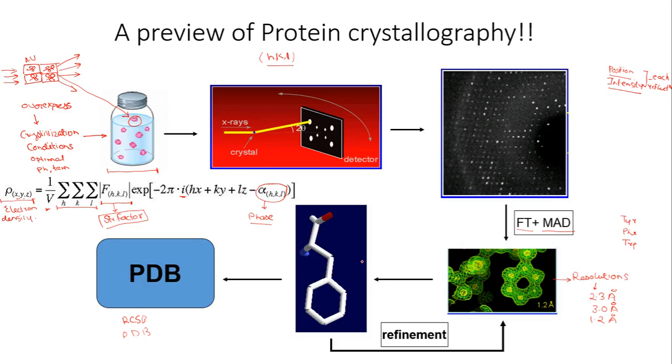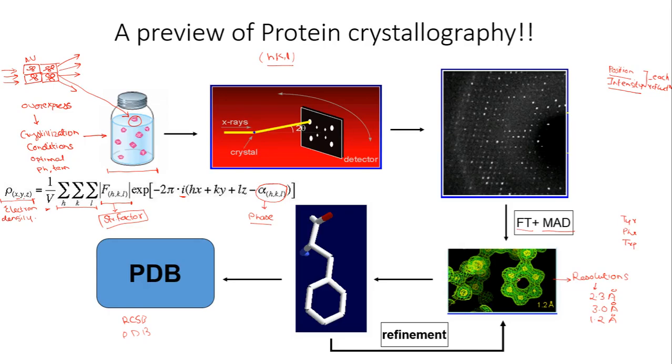What I want to convey from this particular talk is that what you download from PDB is a model of a protein, and this model is usually based on an electron density map. So whenever you say that you have downloaded the structure of a protein from PDB, that eventually means that you have downloaded the model of that protein, and this model is built on experimental electron density maps.